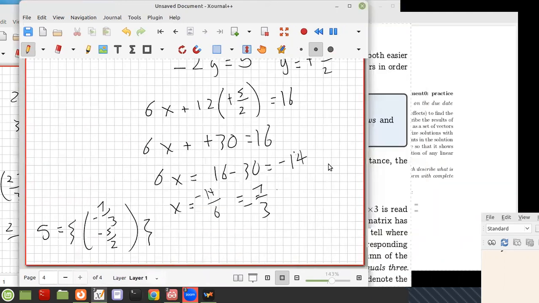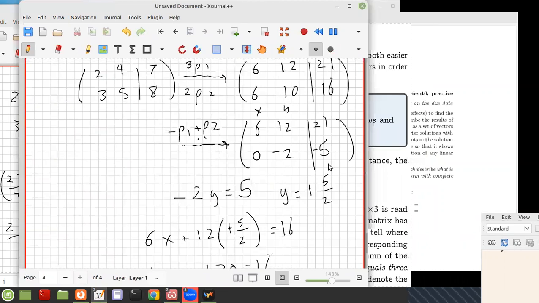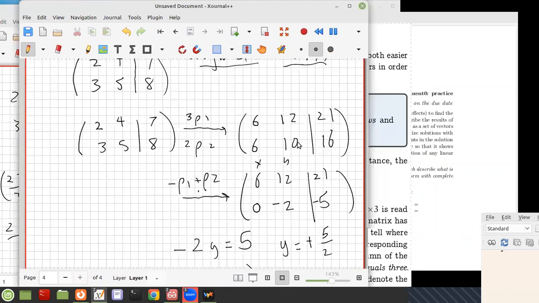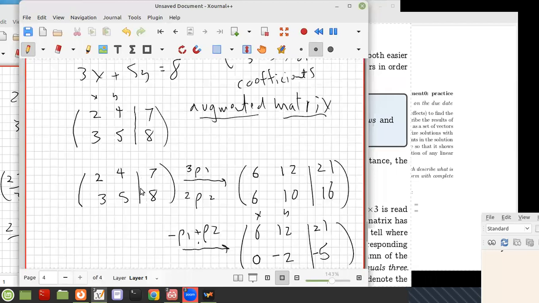Okay? Professor, I have a question. Yeah, Catherine. Why do you do 6x plus 12 times 5 over 2 equals 16? Like, why do you do equals 16 instead of equals 21, maybe? After you made the matrix, you go back to the equation, right?